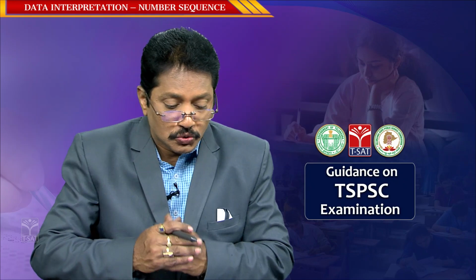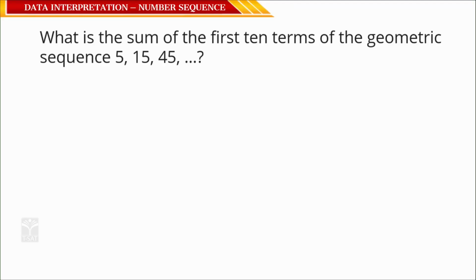Okay. So, what is the sum of the first 10 terms of the geometric sequence 5, 15, 45? So, here A = 5, sorry, and R = 15/5, which is 3.